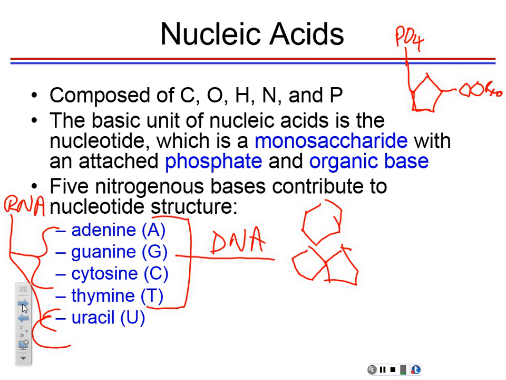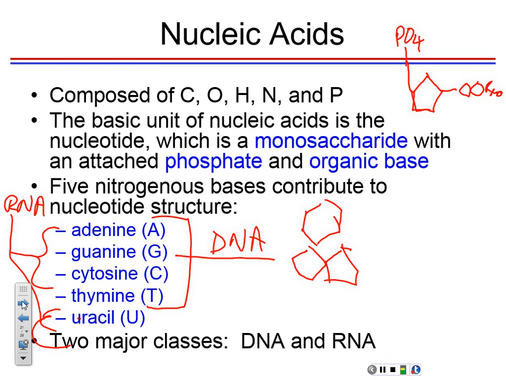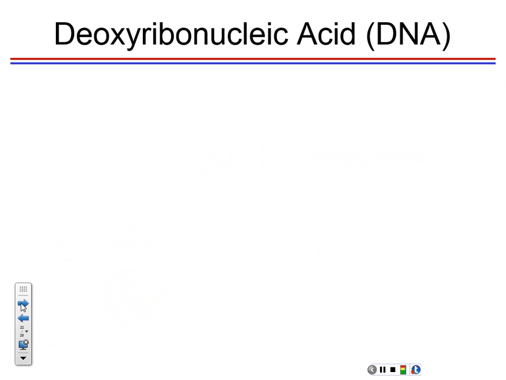All right, so 5 nitrogenous bases contribute to the nucleotide structure, but each nucleic acid has 4. The only difference is that uracil, instead of thymine, is in RNA. And then, of course, you have DNA and RNA. Those are the major nucleic acids. And DNA is the genetic material that codes. And then RNA, what does it really do most of the time?